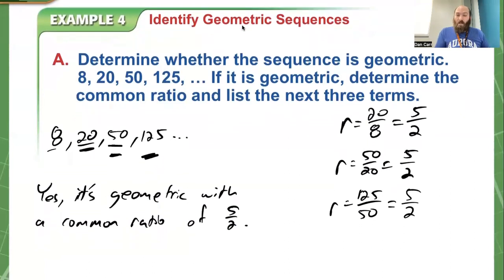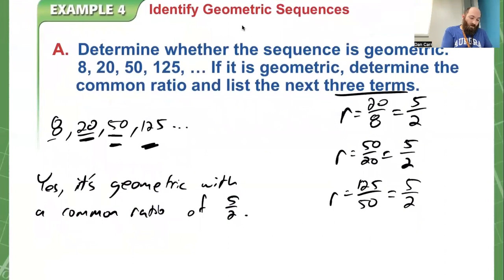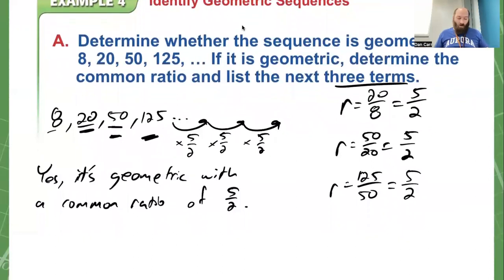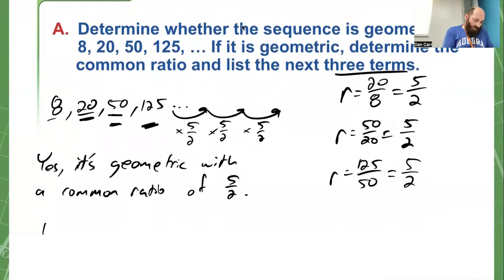That's totally fine. If I want the next 3 terms, I'm going to do the same thing as I did before with my arithmetic, but now we're just going to multiply by 5 over 2 for each step of the way. So I'm going to take 125 multiplied by 5 over 2, and I'm going to get 625 over 2.